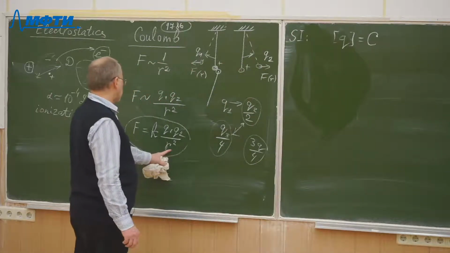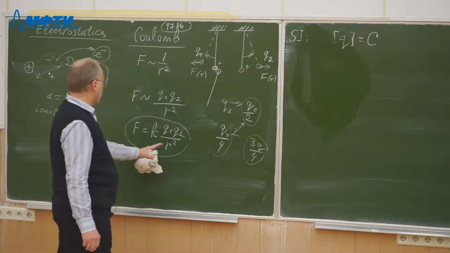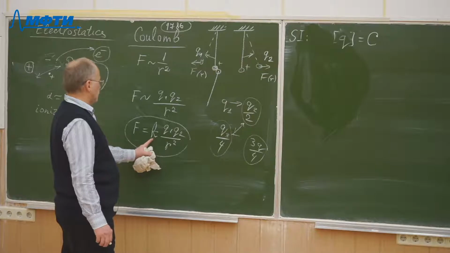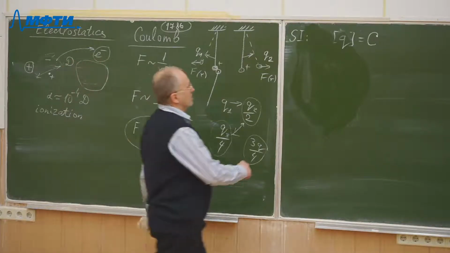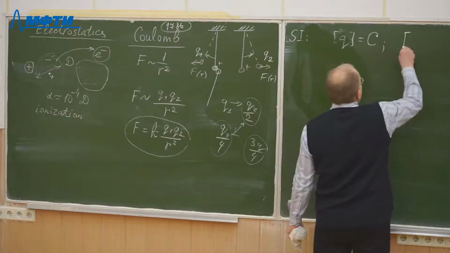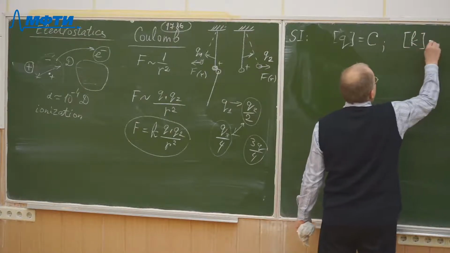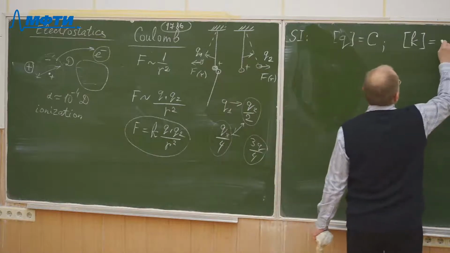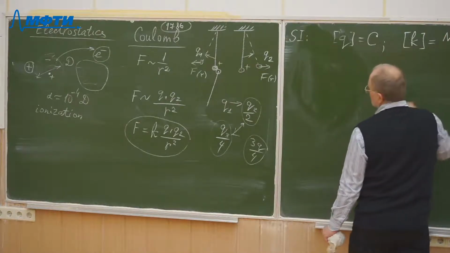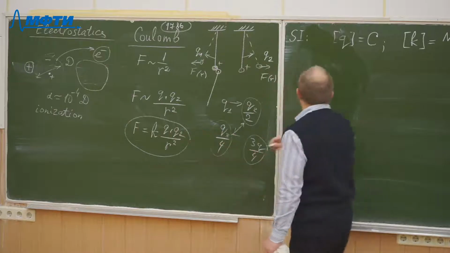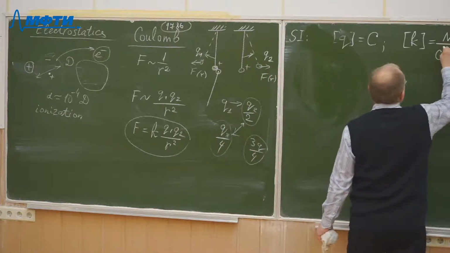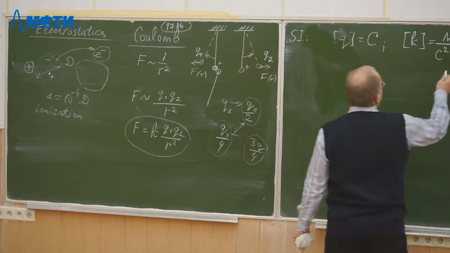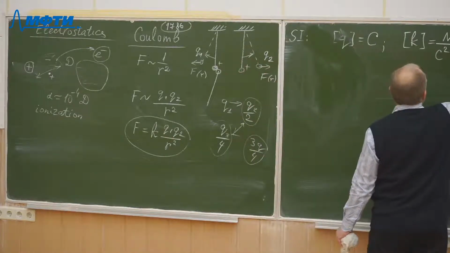And distance is measured in meters and force is measured in newtons. So we know the units of measurement of this constant K. The constant K is necessarily measured in, it should give newtons as a result of this formula. In order to compensate the 2 coulombs, coulombs must be in the denominator, and meters must also be compensated, so meters squared should be here.